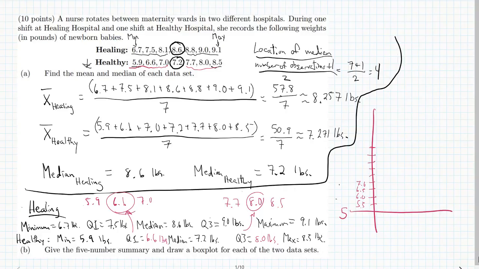So the first one we'll do is healing hospital. Okay, so hopefully we can see that just fine. So with the healing hospital, what's happening? Well, we start at 6.7 pounds. So that's going to be somewhere right in here. Don't let your eyes fool you, that's a straight line.